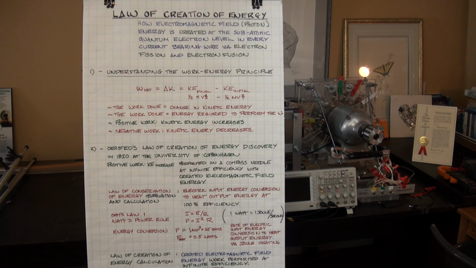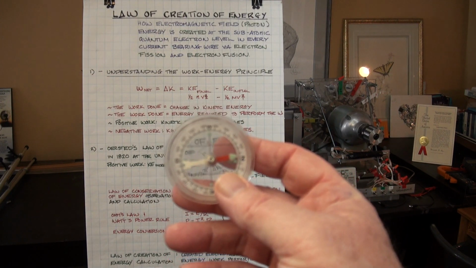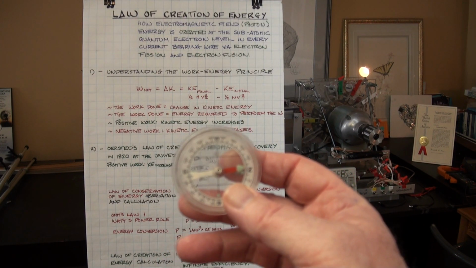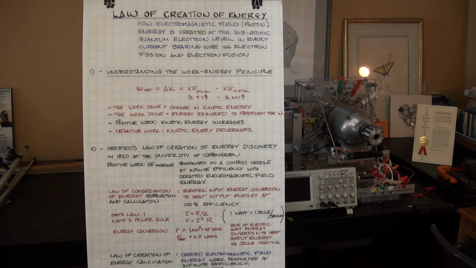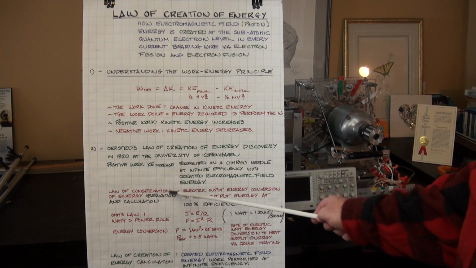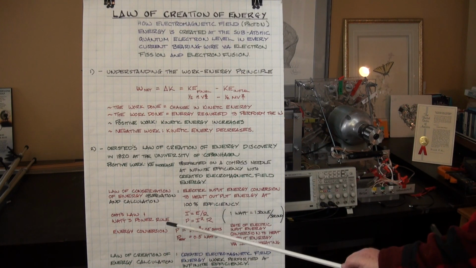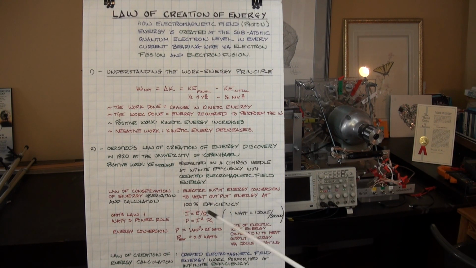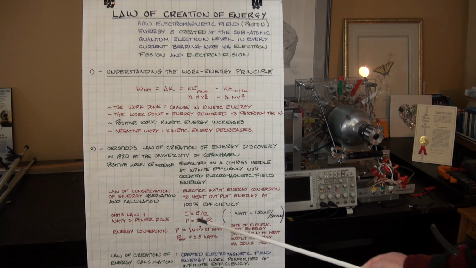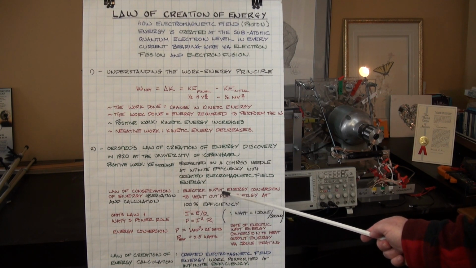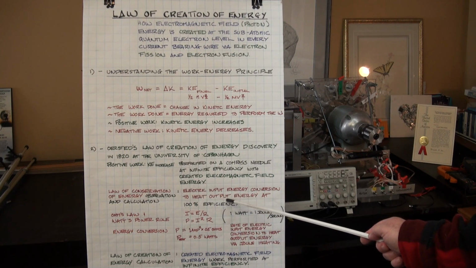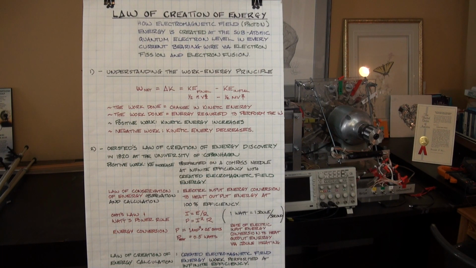So in Ørsted's 1820 compass needle experiment, he was using a current bearing wire, and the law of conservation of energy was being observed in Ørsted's experiment by Ohm's law and Watt's power rule, although they weren't formulated at the time, and the electric input energy conversion to heat output energy was being performed at 100% efficiency.